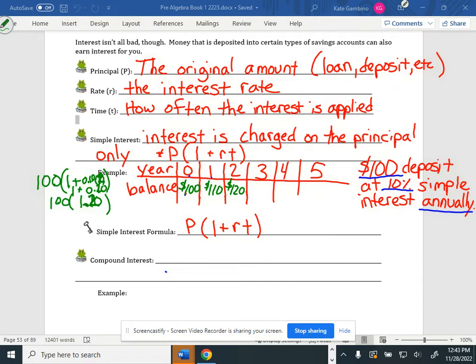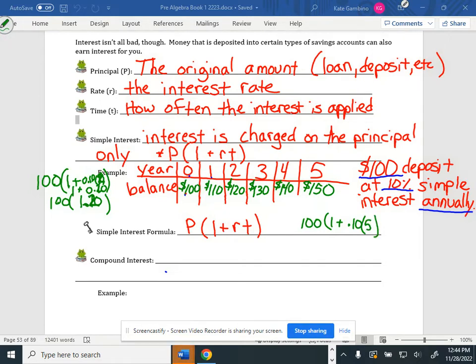Now we can see, after doing the third one there, we can see our pattern. Do I have to do the math every single time, or can I work the pattern? I could work the pattern, and I would know that at 3 years I would have $130, at 4 years I'd have $140, and at 5 years I would have $150, because I'm following that same pattern. But I can go and do the math and say, okay, 100 is my principal, times 1 plus my 10% times 5 years.